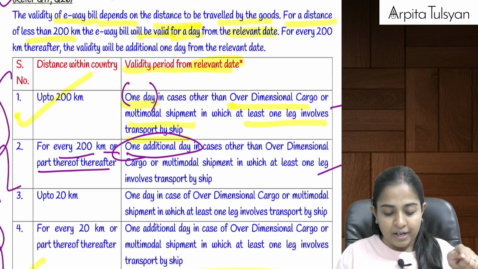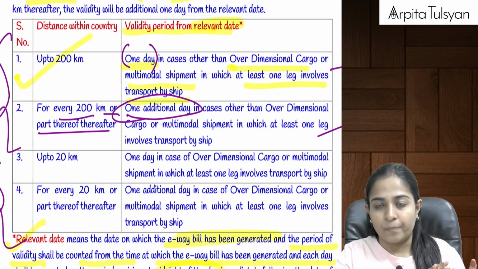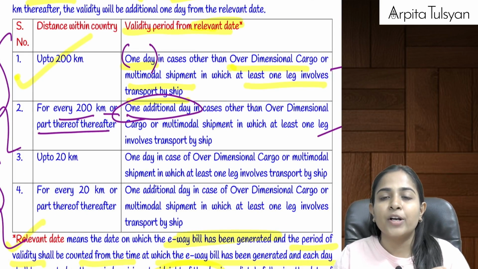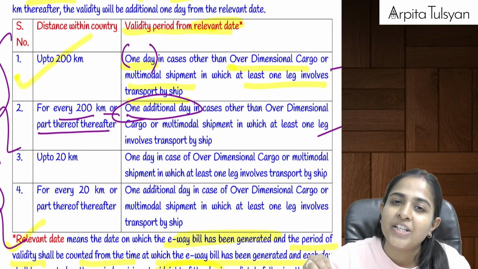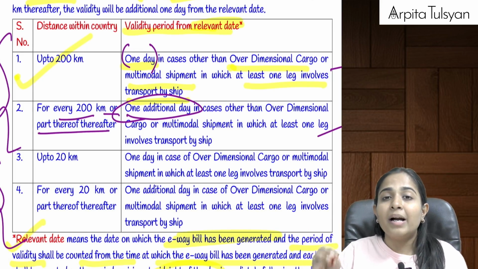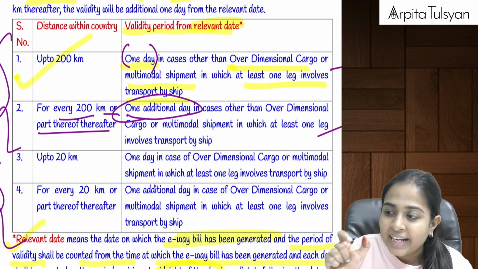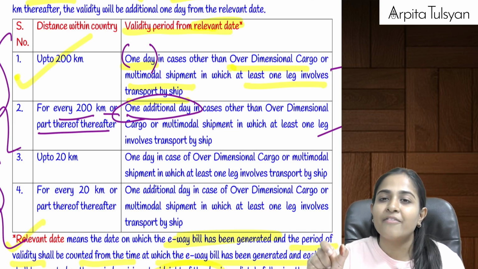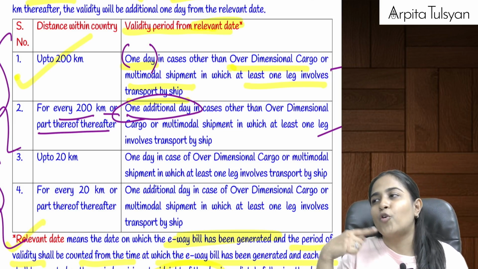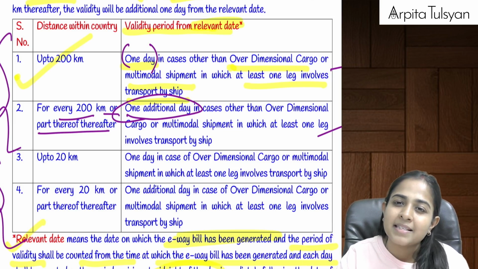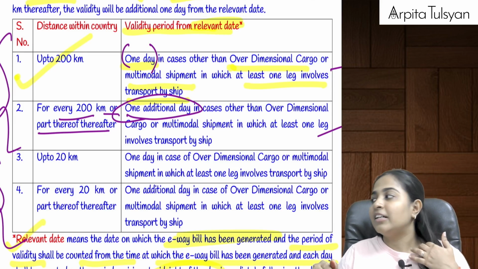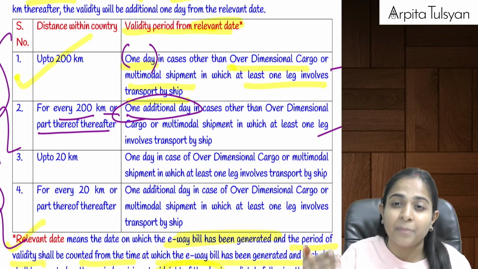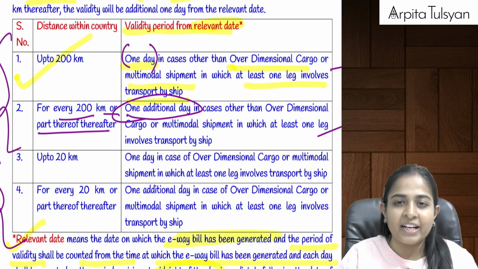The first part is normal cargo. The second part is when the transportation is done by over-dimensional cargo or multimodal shipment where one leg will be transported by ship. In case of over-dimensional cargo, the speed will be less, and where the shipment is going to be done by ship, the speed will definitely be less.